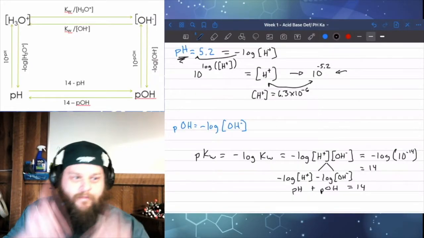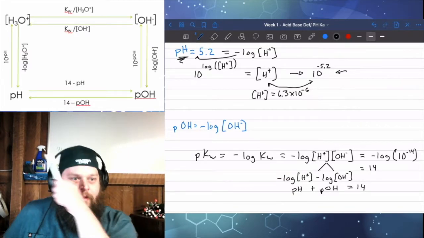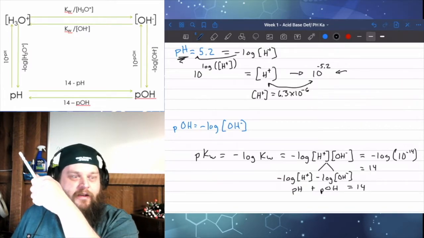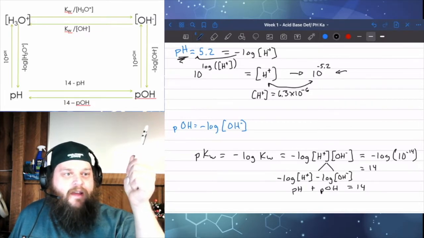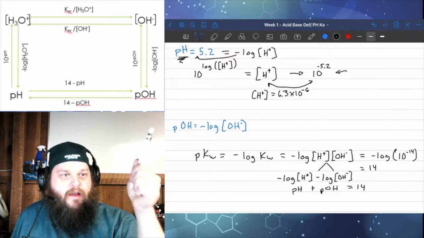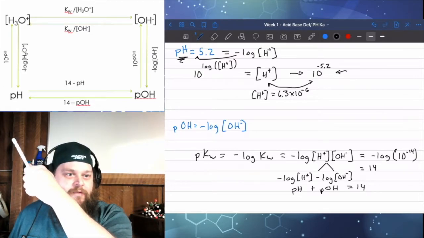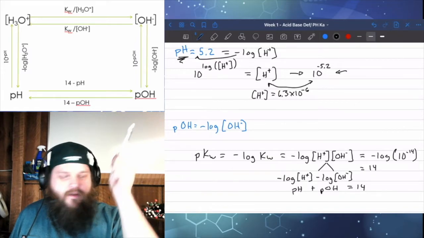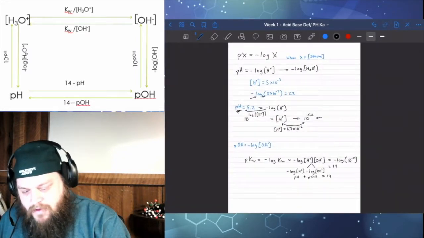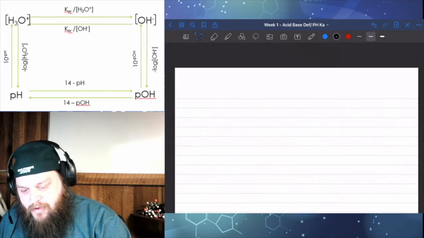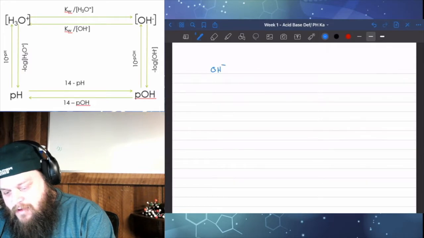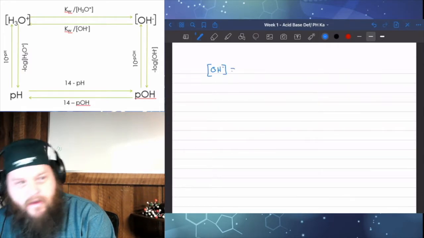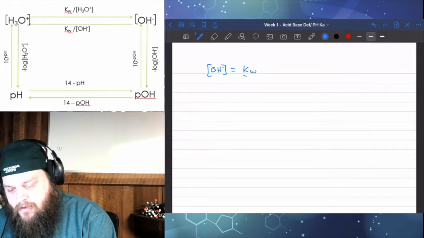You can see on the top above me, we have hydronium in the top left corner, and we can actually convert to the concentration of hydroxide by taking the Kw, which is 10 to the negative 14, and dividing by the concentration of hydronium. And that'll get us this one over here. So I'm going to flip to this page real quick, and I'll write these out. So I can say that the concentration of OH is equal to Kw divided by concentration of H3O+.